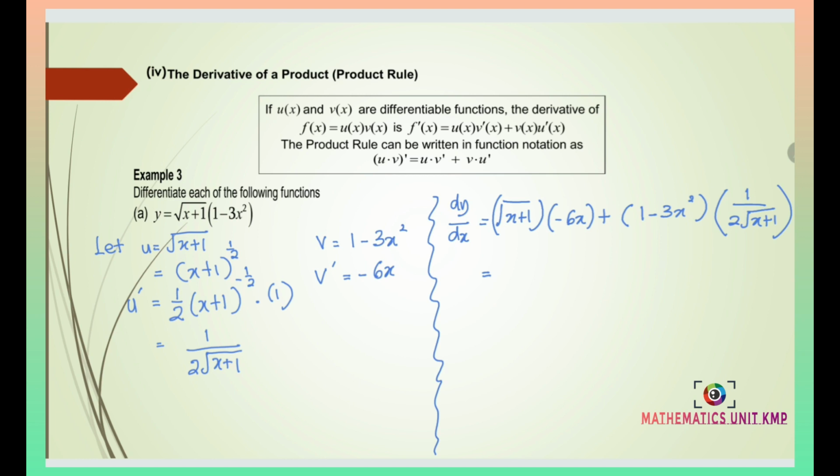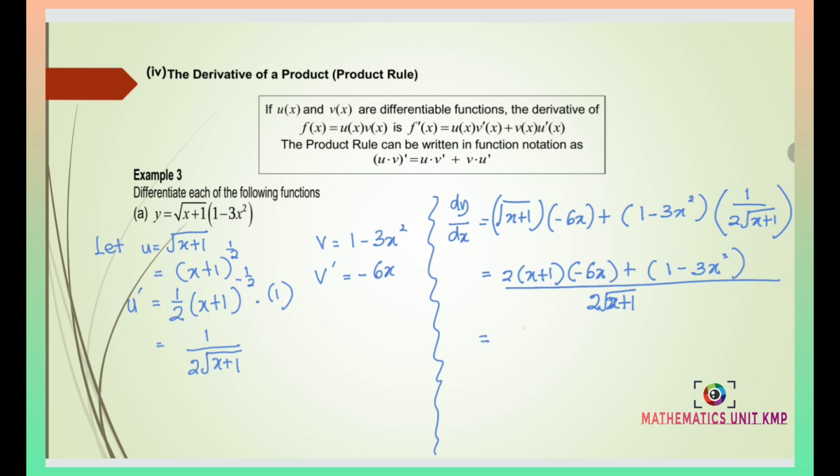Because we have the fraction here, we find the common denominator, that is 2 square root of x plus 1, and the numerator we get here is 2(x plus 1) times negative 6x plus (1 minus 3x) squared.